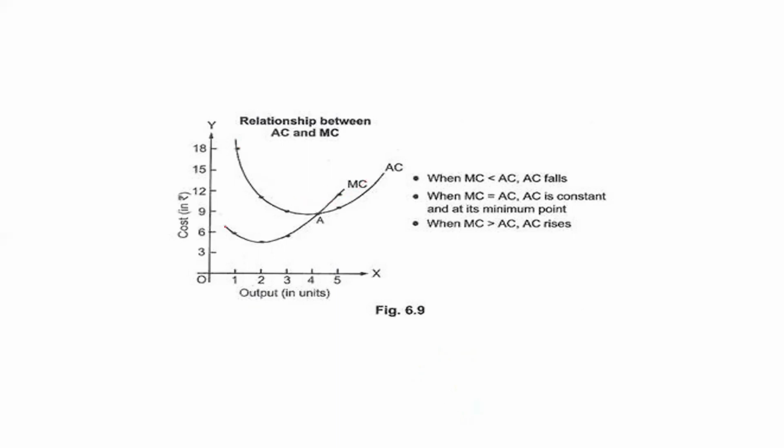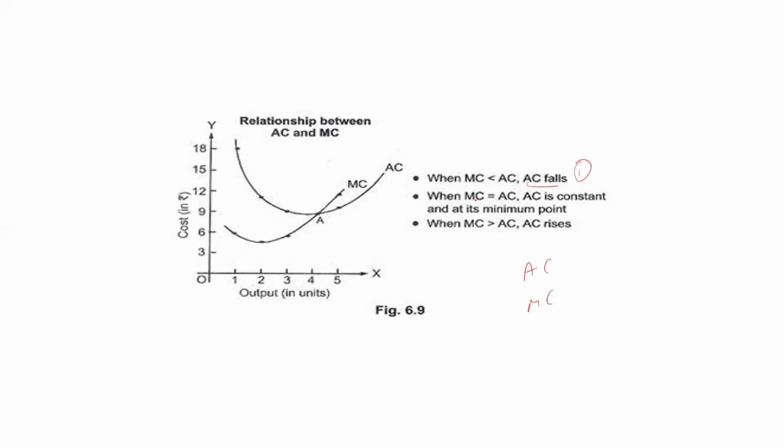MC starts below the AC, and at the point where AC is minimum, MC cuts it. And after that, MC starts increasing, and AC also starts increasing, but it is below MC after that point. So when MC is lesser than AC, then AC falls. This is the first relationship between average cost and marginal cost.